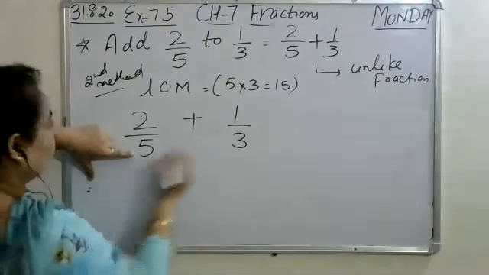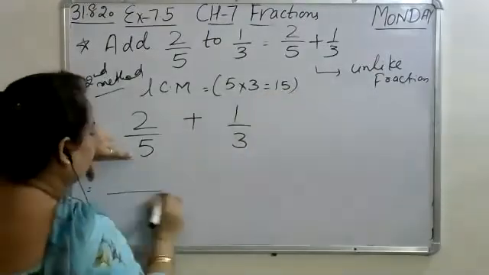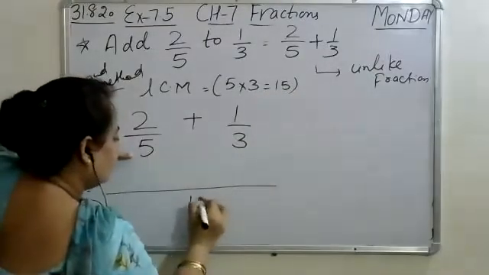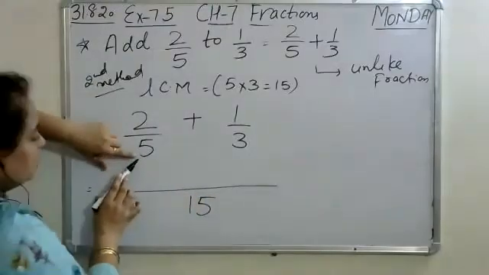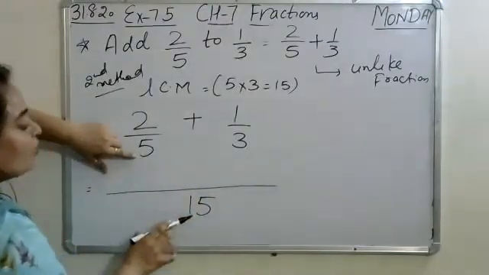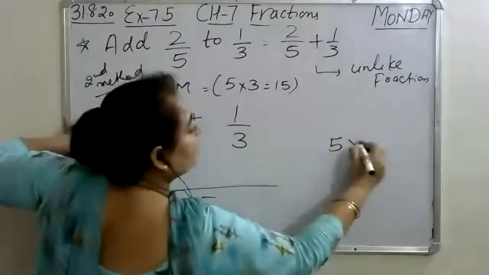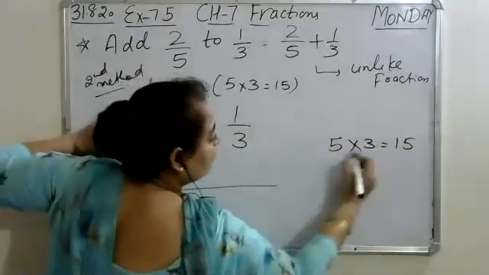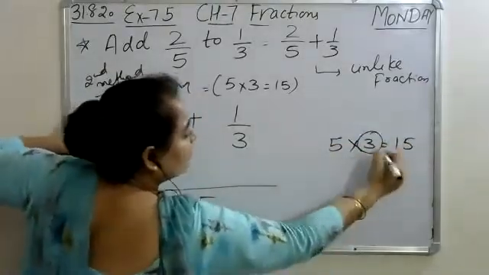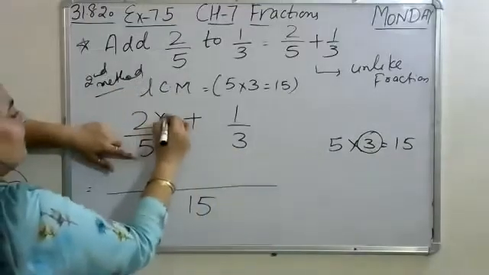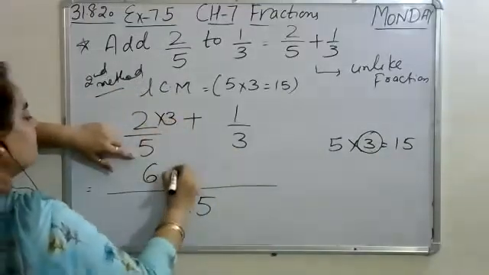Very good, very good. So the LCM is 15. We will write here 15. Now in the table of 5, where you will observe 15, 5 threes are 15. So 2 multiplied by 3, that is 6, plus.